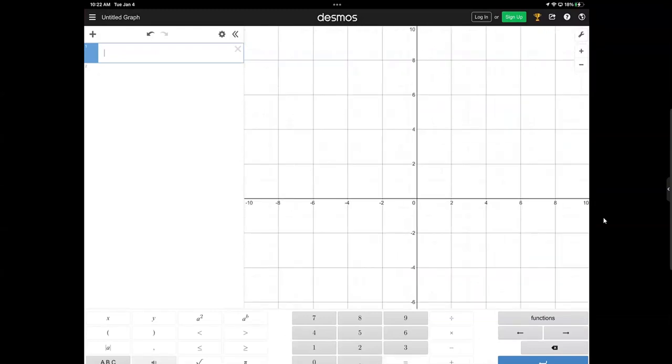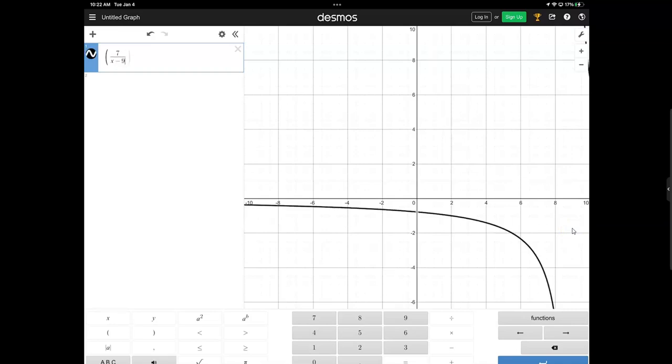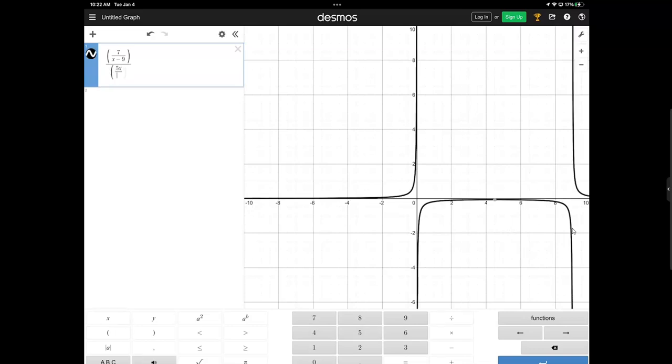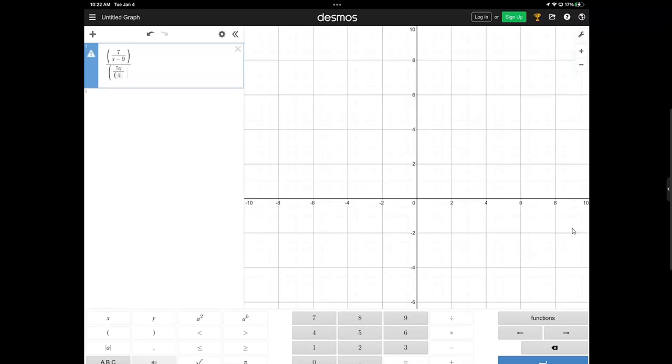Does it put like a white dot? I'll show you how you have to see it. It's 7 over x minus 9, and we divided by it, right? And then it's 5x over 45x minus 5x squared.